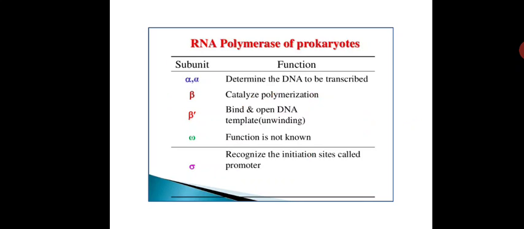Beta prime is to unwind and open up the DNA, exposing the DNA template strand for the process of transcription. Omega, the function is still not known. Sigma factor is required to recognize the promoter, the initiation site where we are going to start the transcription process.